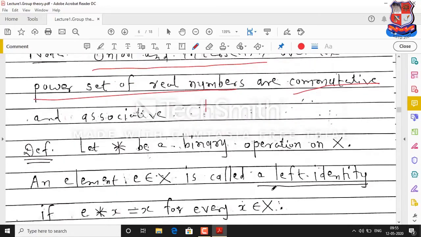The next definition is the identity element. There are two types of identity, left identity and right identity.